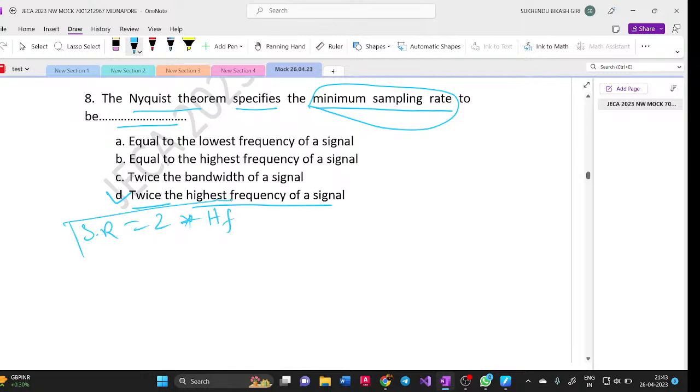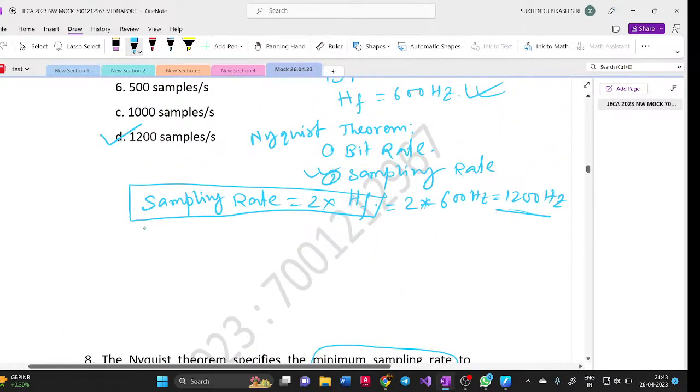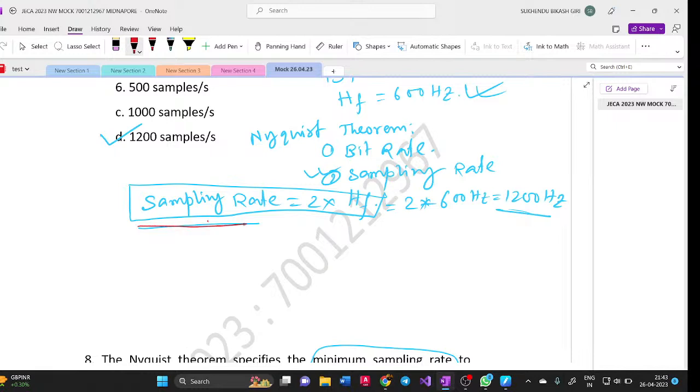Is it clear to all? We just explained it in the previous question. See, sampling rate equals 2 into highest frequency.